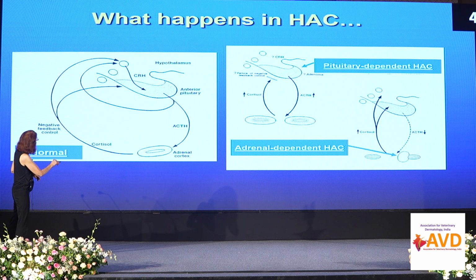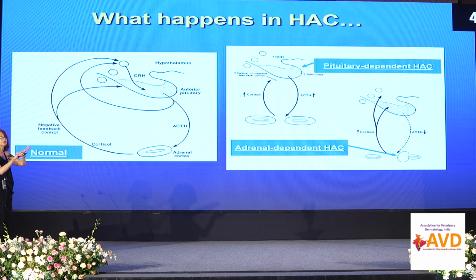ACTH reaches the circulation, goes to the cortex of the adrenal glands, and stimulates the zona fasciculata and reticularis primarily to synthesize and secrete cortisol. Cortisol reaches the circulation. When it gets to a homeostatic concentration, it feeds back to the anterior pituitary and tells the corticotropes to stop producing ACTH, and it also feeds back to the hypothalamus, saying, CRH, no.